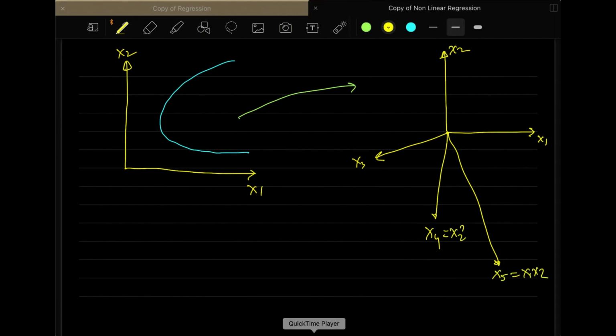This one is x2 square, this is x1 square. So if this is the five-dimensional feature space, then this blue boundary looks like a straight line. And if you project down, then it will again become this boundary.